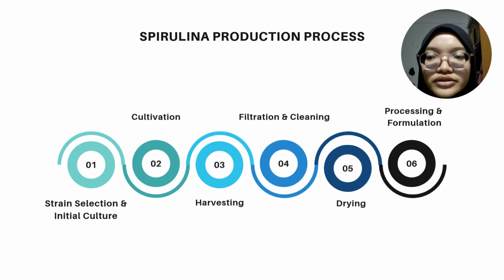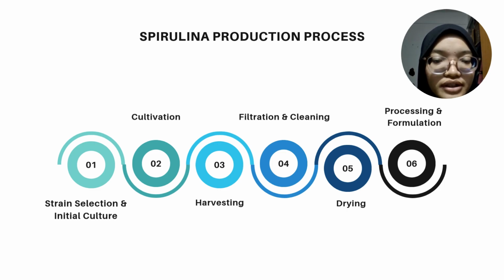DSN uses advanced filtration systems to ensure the highest purity. Five is drying. The clean spirulina paste is then dried using a low temperature cool dehydration technique to retain sensitive nutrients like vitamins, proteins, and pigments such as phycocyanin. This step is crucial to preserve its nutritional integrity.